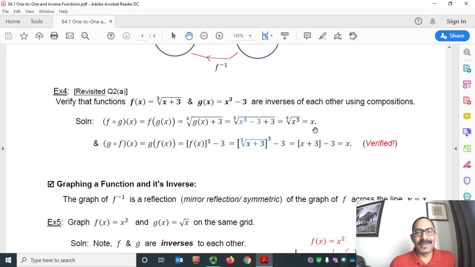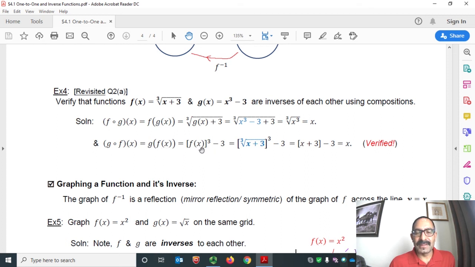Great. So now let's do the other composition here, g composed with f. This is the same as g of f of x. So here f of x is the input for g. So what does g do? g takes x and returns x cubed minus 3. So now here g takes f of x and returns f of x cubed minus 3. I hope this makes sense to you all here.